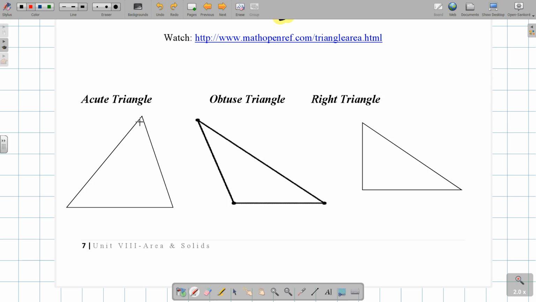In an acute triangle, the height is inside. So label your base and your height. In an obtuse triangle, the height is outside.